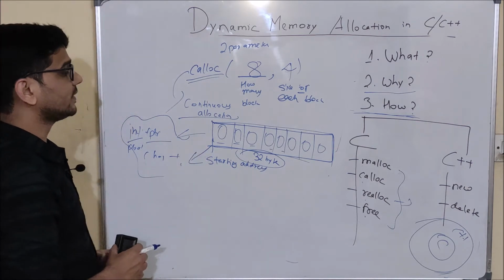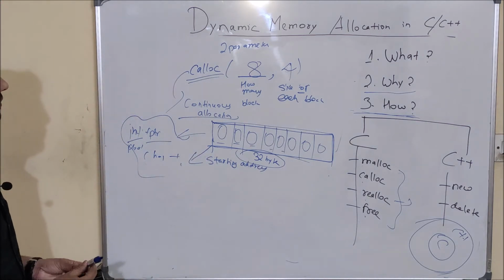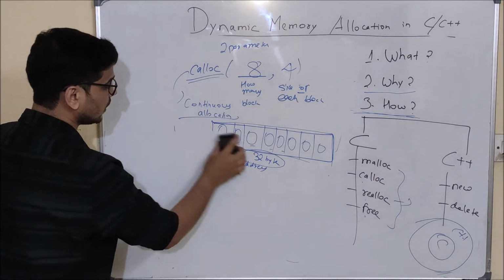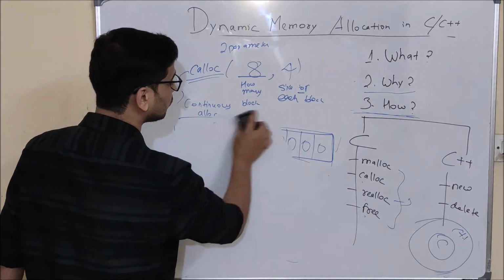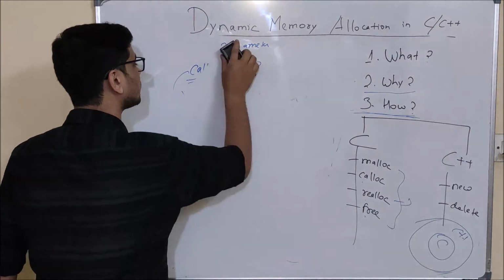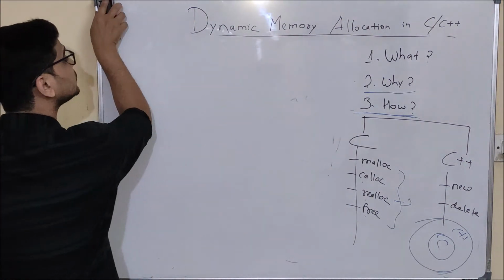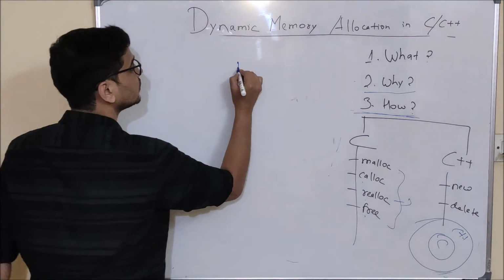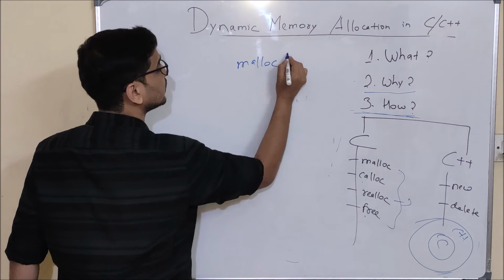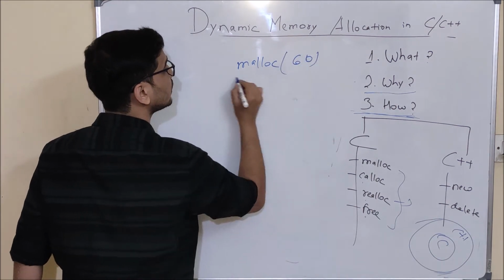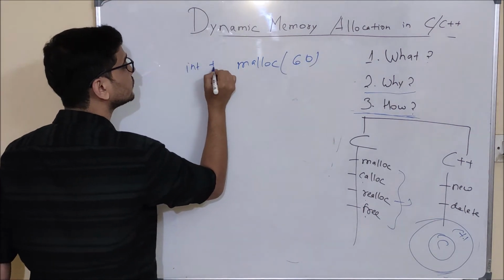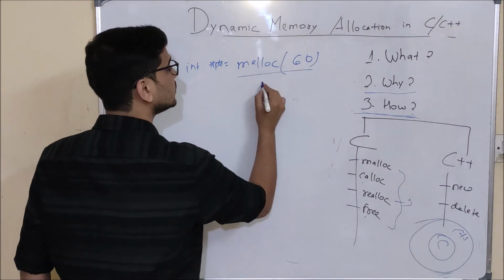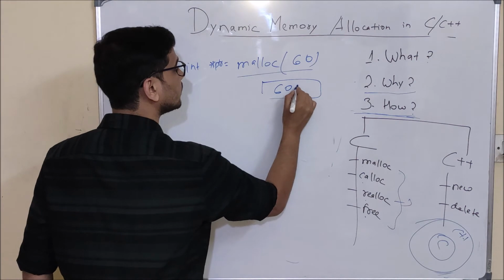Now let's move to realloc. What is realloc? As the name suggests, realloc is used to reallocate memory. To understand realloc, let's take an example. Malloc 60, and I am going to store it in some integer pointer ptr. This means I have allocated 60 bytes of memory.